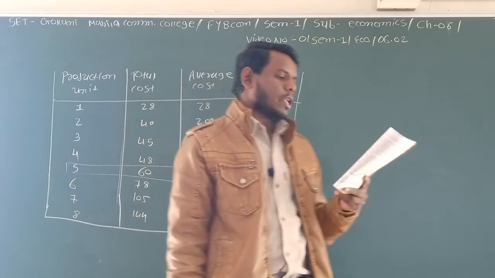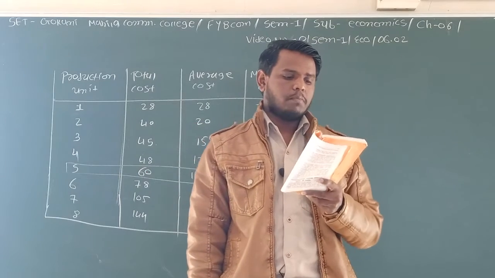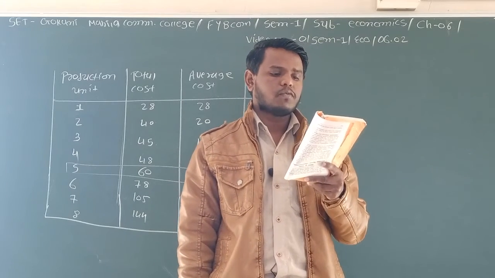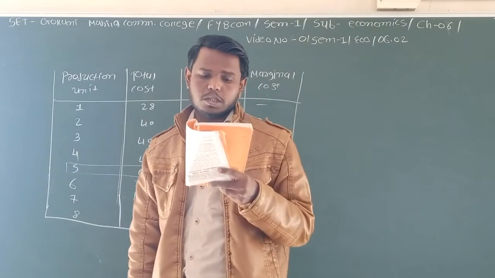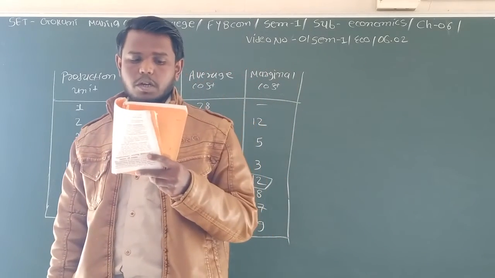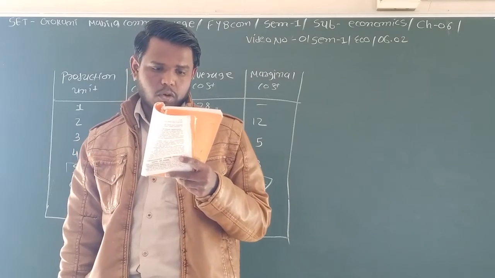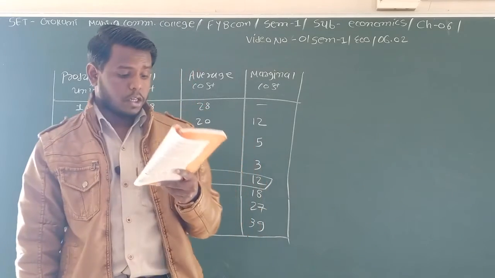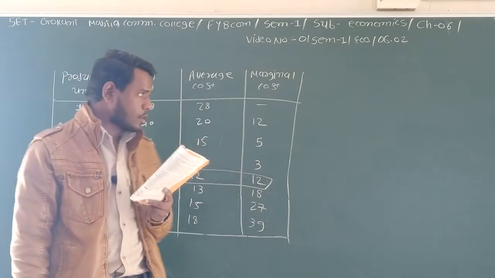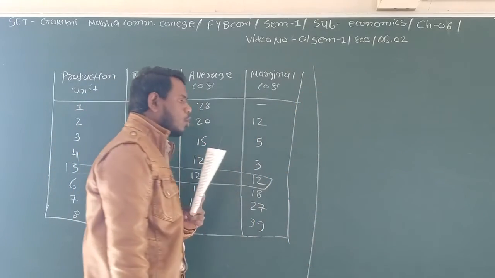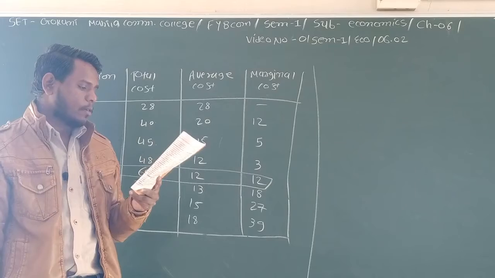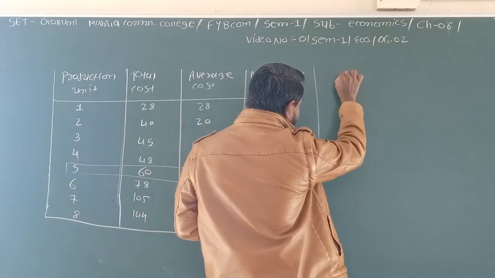The relationship between average cost and marginal cost can be explained with the help of the following figure. The figure of average cost and marginal cost is based on the sample given earlier. In the figure, there is one figure also given, so let's understand that figure also. The figure is drawn from this data.